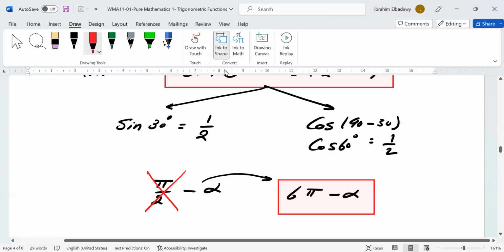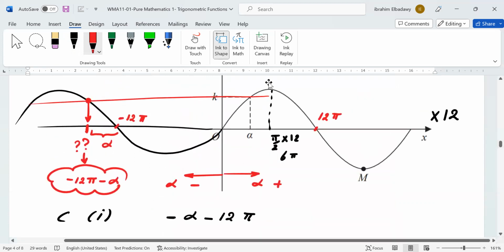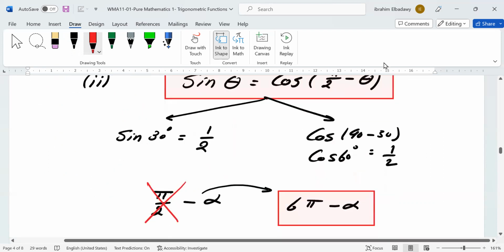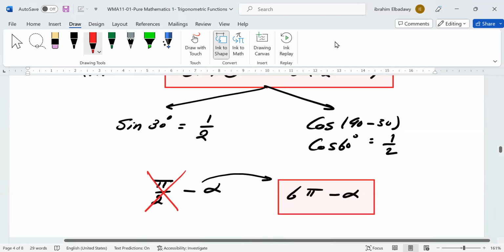So you have to write 6 pi. Here, you have to think about your diagram. To make a shift, such as 90 minus theta, you have to use the equivalent on this diagram, which is 6 pi. It should be 6 pi, not 90 degrees. This is the answer of this question.